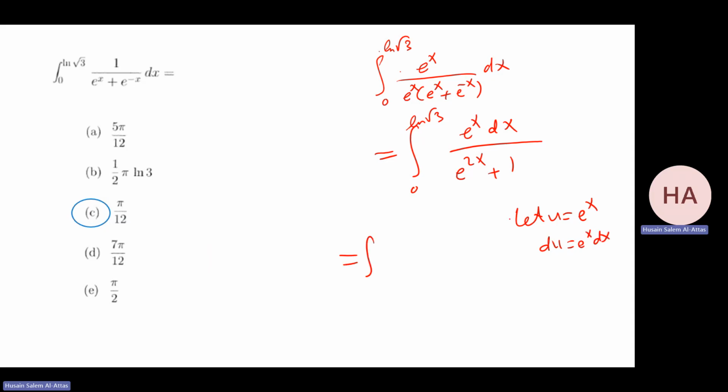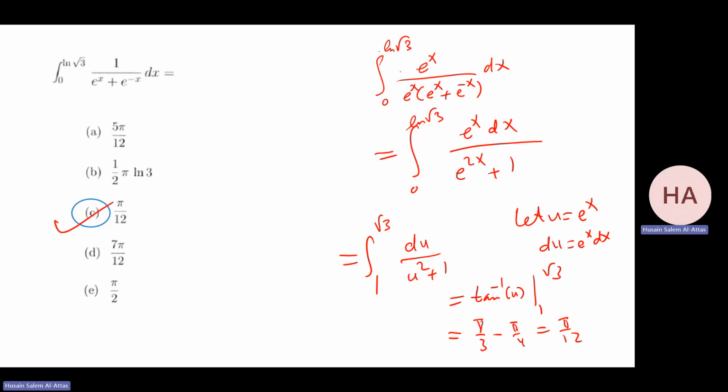So I have, with limits e to the power 0, which is 1, to the square root of 3, du over u squared plus 1, which is tan inverse of u from 1 to the square root of 3. That will be pi over 3 minus pi over 4, which is pi over 12, which is this one.